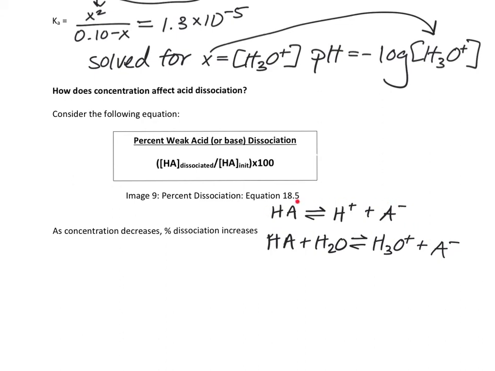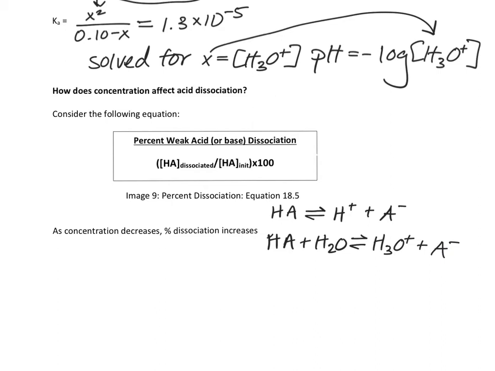This doesn't show the water, but it is implied that HA is being dissolved in water. So when we're talking about the amount or the concentration that's dissociated, we're really asking how much of the acid is in this form, is in the A minus form. So how much actually ionized into A minus.